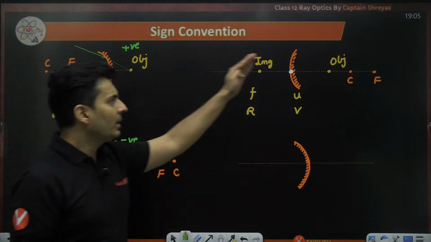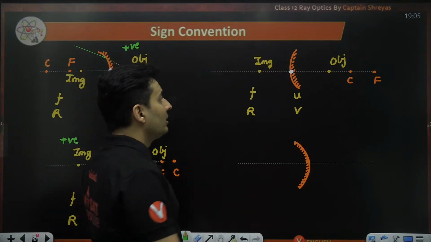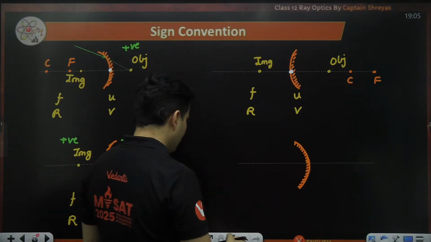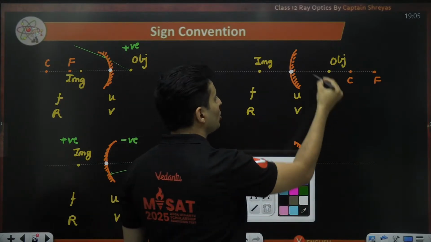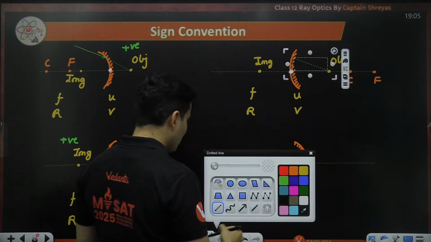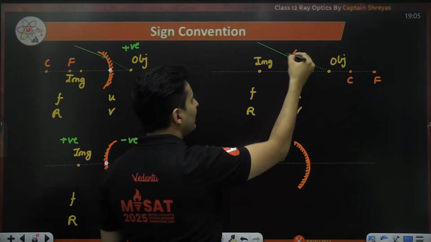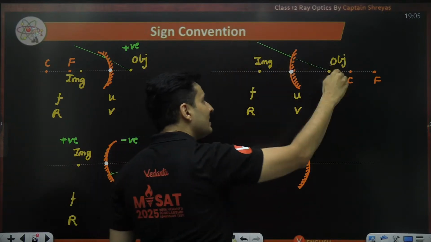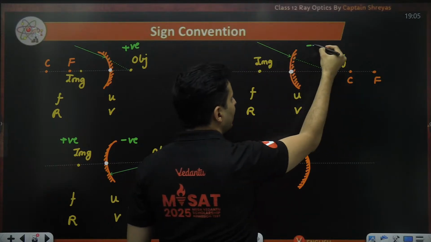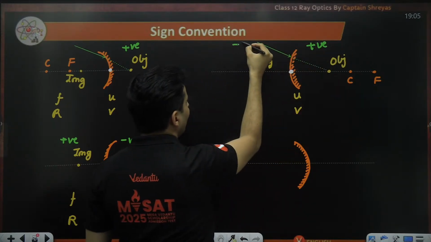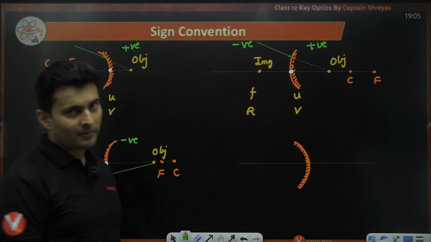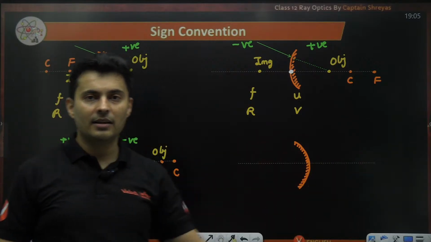What about this particular mirror? The object is behind the mirror, so definitely it is virtual in nature. So a ray would probably be incident like this. Since the incident ray is going this way, this side will be positive and this side will be negative, whichever side the incident ray is going.